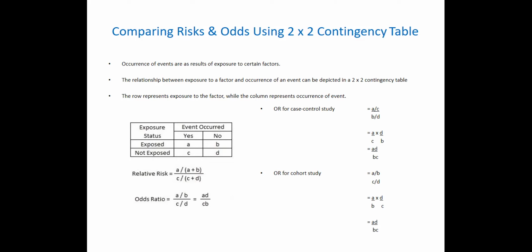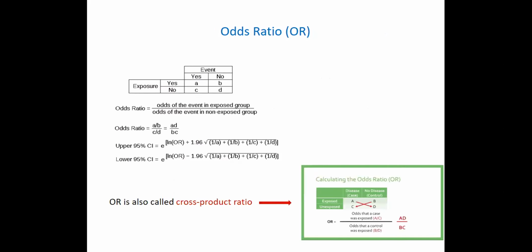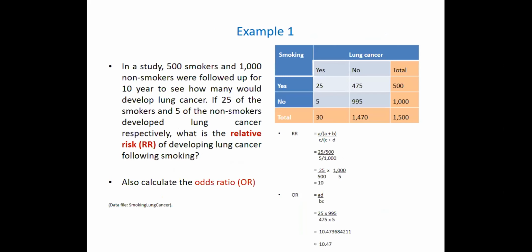Now, I prefer using an example rather than giving you the formula. This is the formula for relative risk and this one for odds ratio, but I prefer a good example. Look at the example here. In a study, 500 smokers and 1,000 non-smokers were followed up for 10 years to see how many would develop lung cancer.